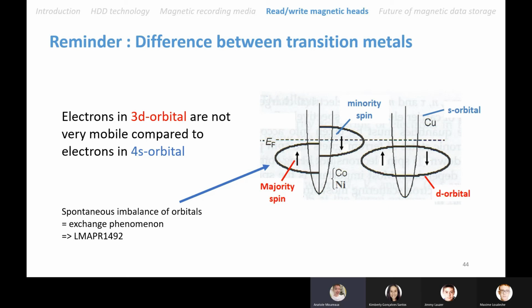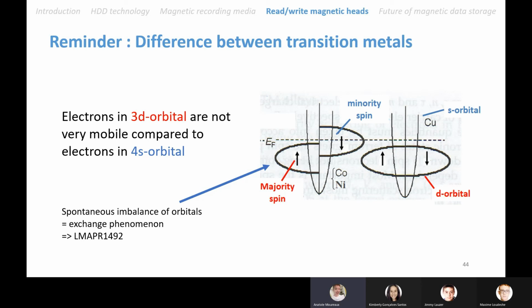We also already know from the course of last year that for these three metals, there is an exchange phenomenon that induces spontaneous imbalance of orbitals between spin up and spin down.